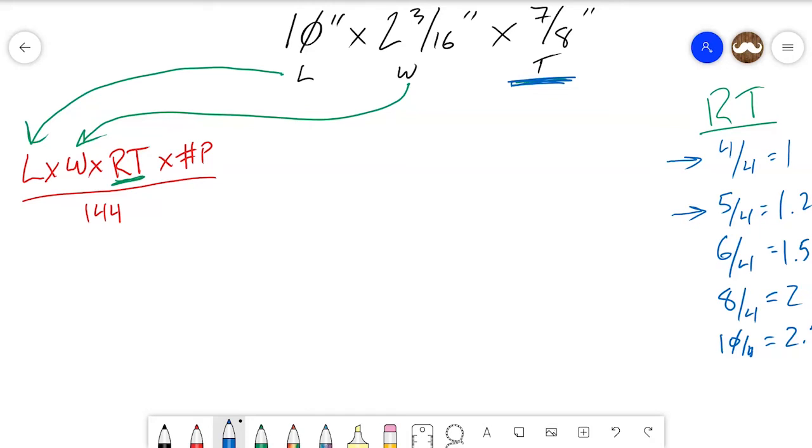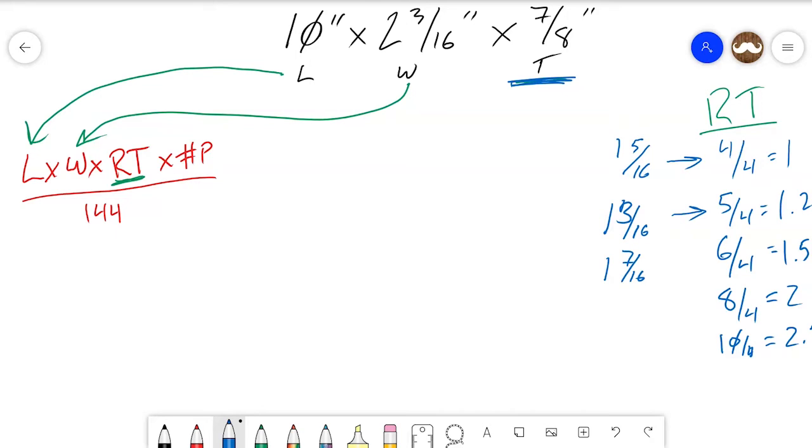Well, the reality, and just to complicate things a little bit further, is that when 4/4 material arrives in our shop, it's actually already 15/16. It's a 16th under. 5/4 material is actually 1 3/16. 6/4 material is actually 1 7/16. And so we lose material in the milling process before it even arrives to us in the shop.